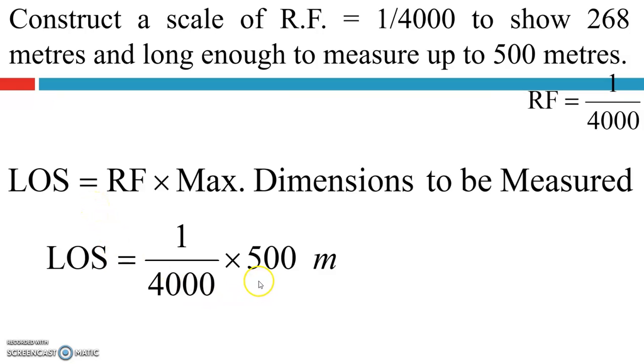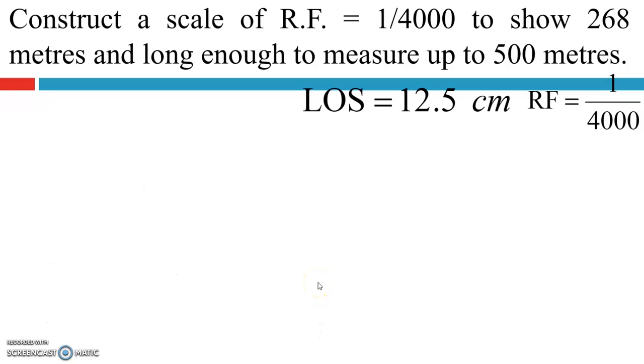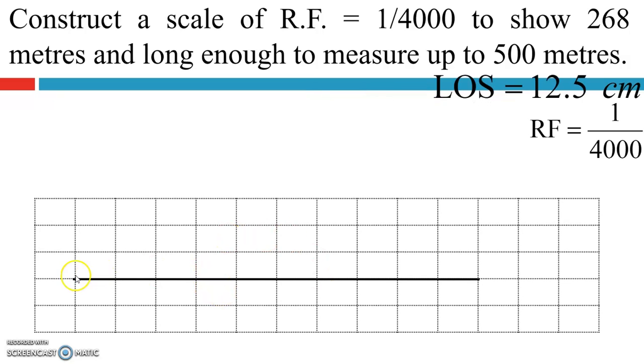So now we are going to convert the 500 meter into centimeter, and therefore the answer is 12.5 centimeter. So the LOS is 12.5 centimeter. So we are required to draw a line equal to 12.5 centimeter. So we have drawn a line having the length 12.5 centimeter using the scale.